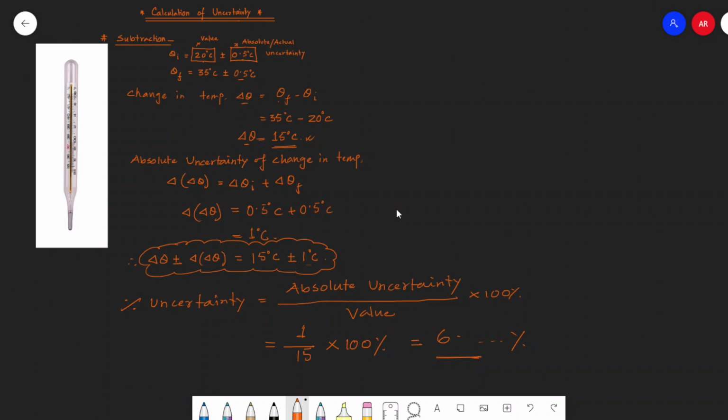So right here we have found the absolute uncertainty of the change in temperature, and here we have also found the percentage uncertainty in this way.